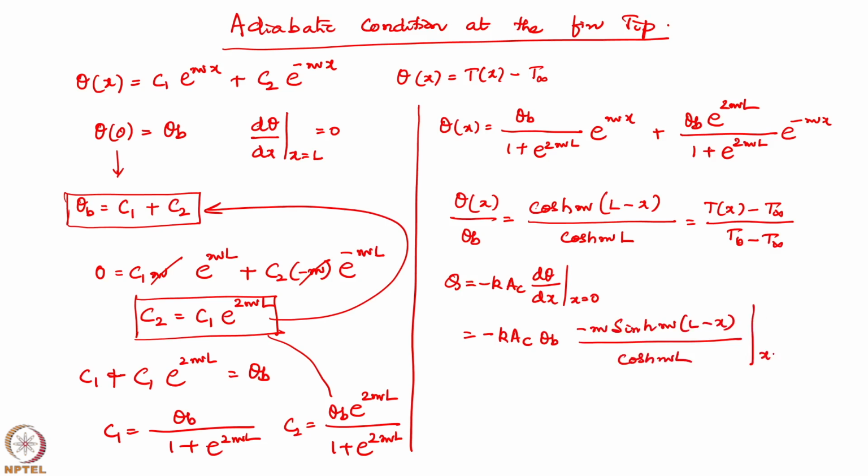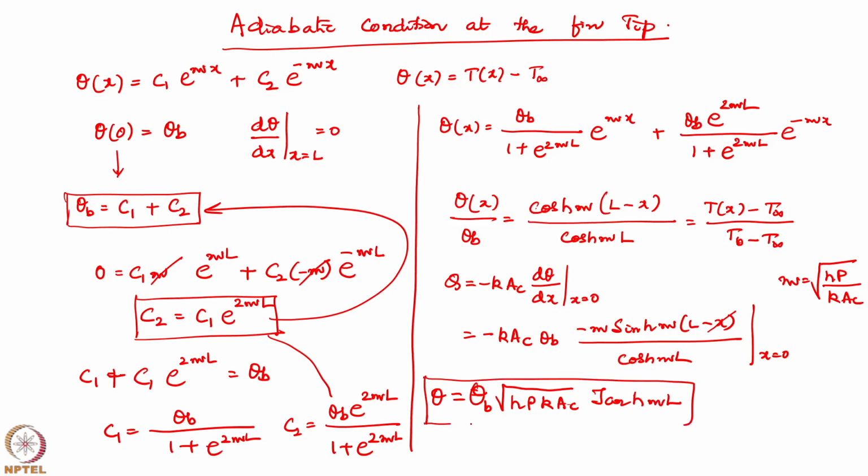Now, this is at x equal to 0. If you substitute x equal to 0, you are left with sinh mL divided by cosh mL, minus into minus becomes plus, and m is equal to square root of hP by kAc. So, this kAc and this kAc get subsumed into the square root. So, you get square root of hPkAc into theta b into tanh mL.